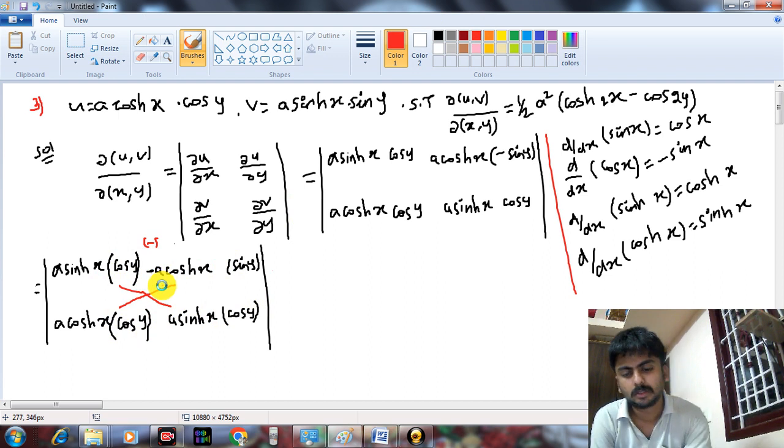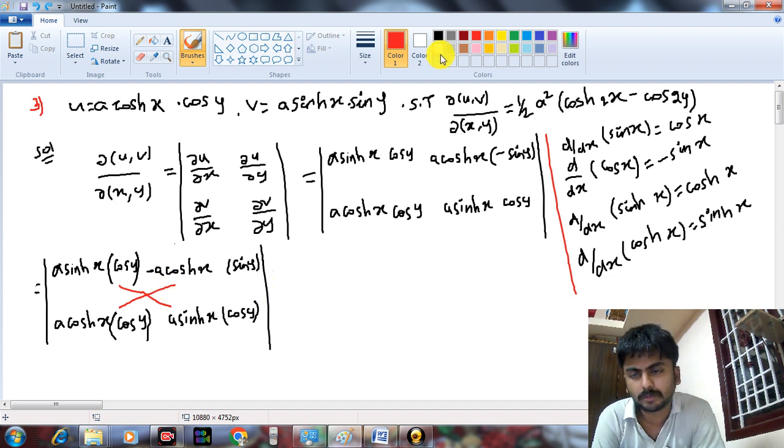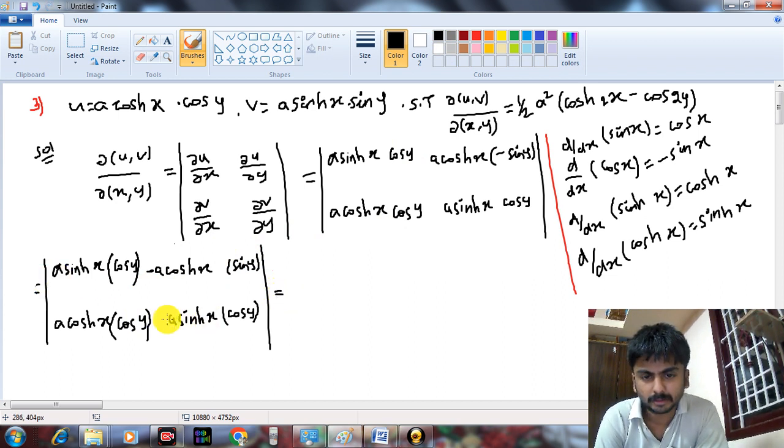That is what we are going to do now. So here we have a square sinh square x cos square y.